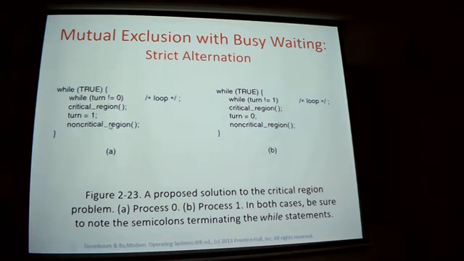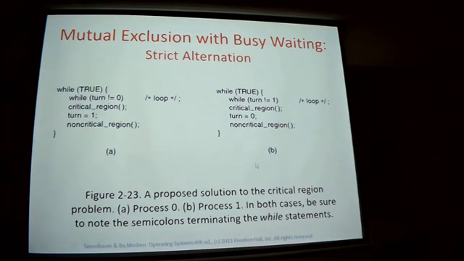So if the value of term is 0, then process 0 is in the critical region. On the contrary, if the value is 1, process 0 is not in the critical region. This is the first part.